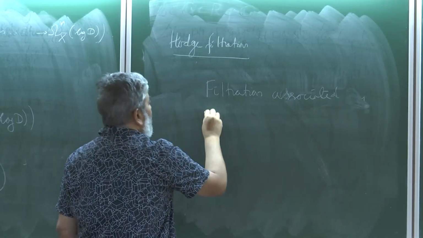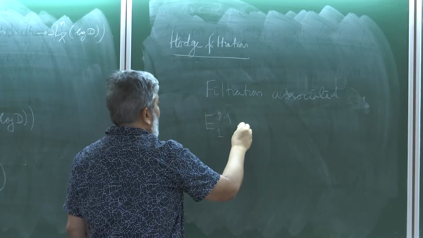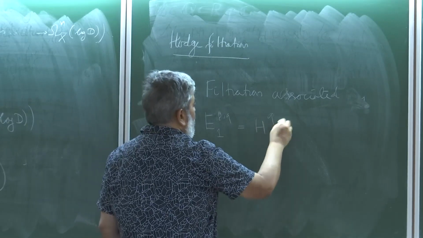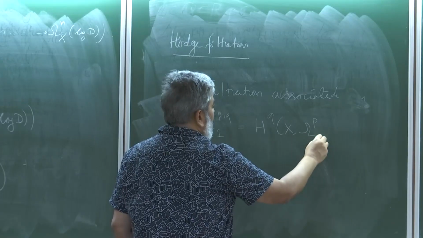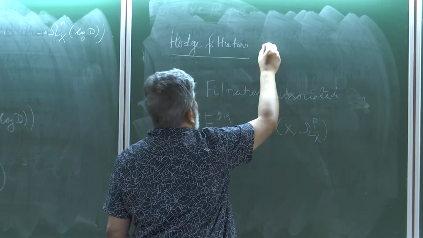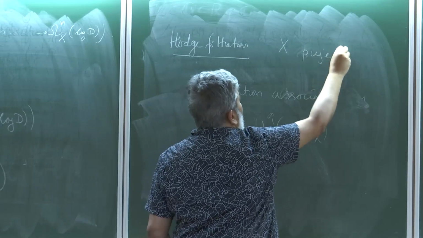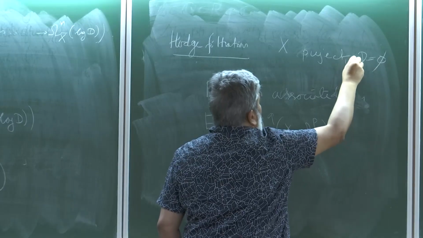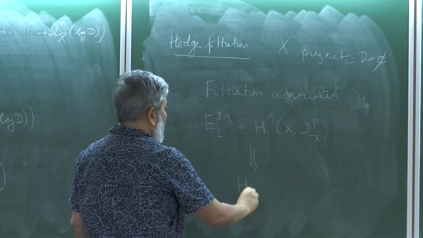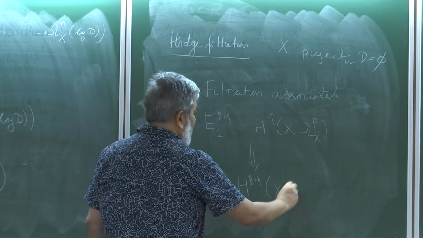So you know that when you have a spectral sequence, the E infinity pq is a grading, and there's a filtration such that the associated graded is that, H^q of X, omega^p of X bar. In our case, let me say that the Hodge filtration was originally done when X is projective, so there's no D. And in this case, this converges to H^(p+q) of X, with C coefficients.